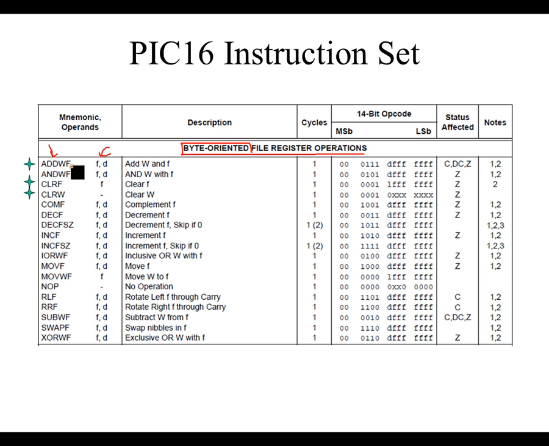So if you were to write this code out, you'd say ADDWF, then a space, then the file register address, then a comma, and then either a 0 or 1. What that's going to do is add W to the value located at address F, and then store that in either the W register or back into the file register.